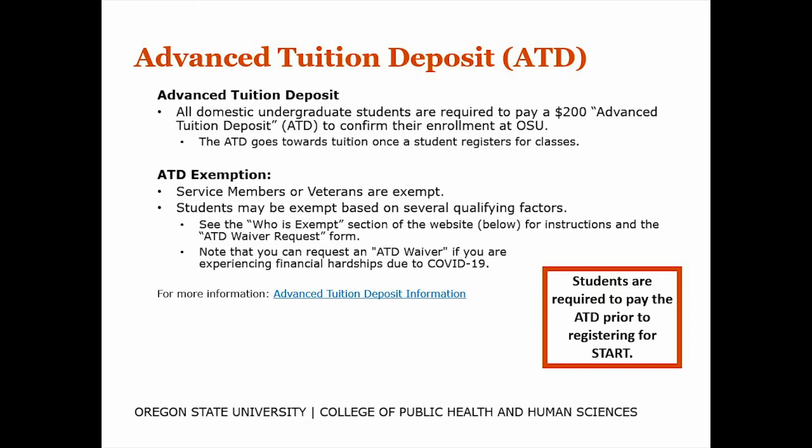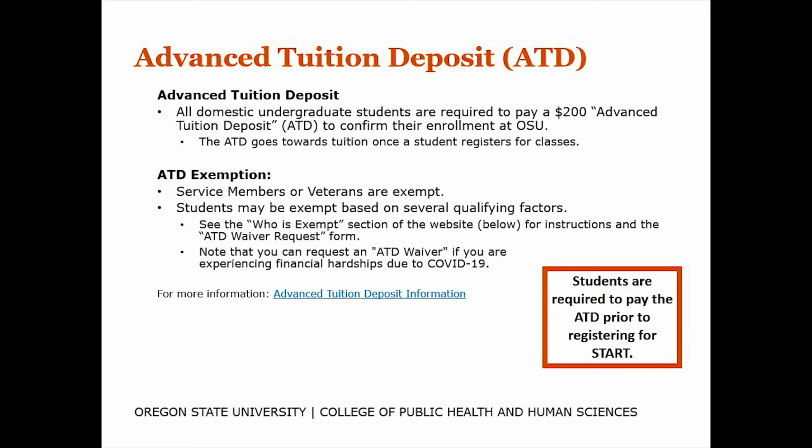To confirm your enrollment, you have to pay what is called the advanced tuition deposit, or the ATD. This is a $200 payment that all domestic undergraduate students make. This isn't a fee, it is an advanced tuition deposit, and so this goes towards your tuition once you register for classes.